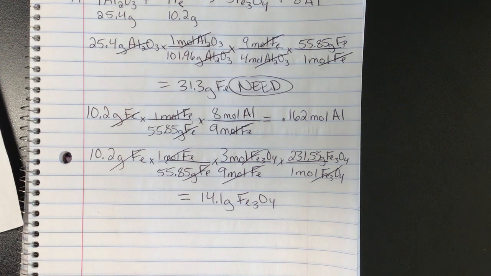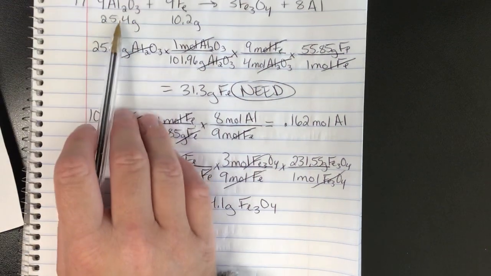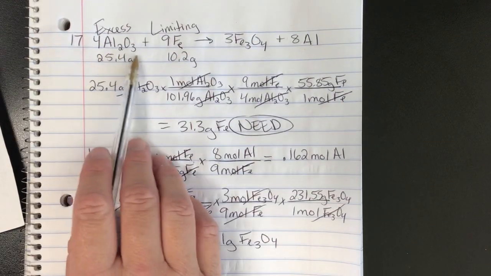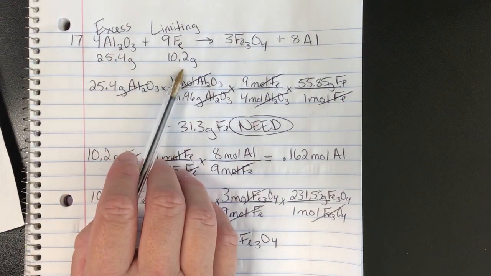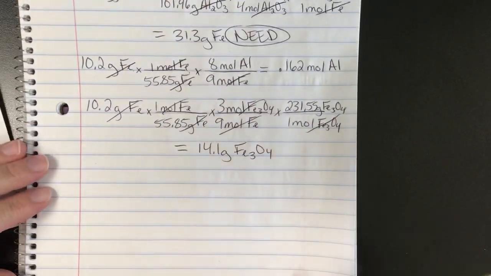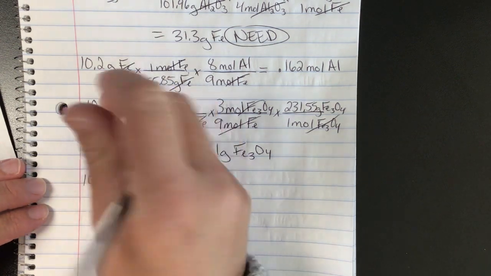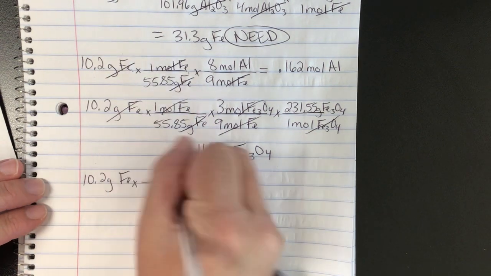Last one says determine the number of grams of excess reagent left over in the reaction. So we know aluminum oxide is in excess, but we never calculated how much we needed to completely react with iron. So we've got to do that. We're going to start with our 10.2 grams of iron, do a mole ratio to aluminum oxide.